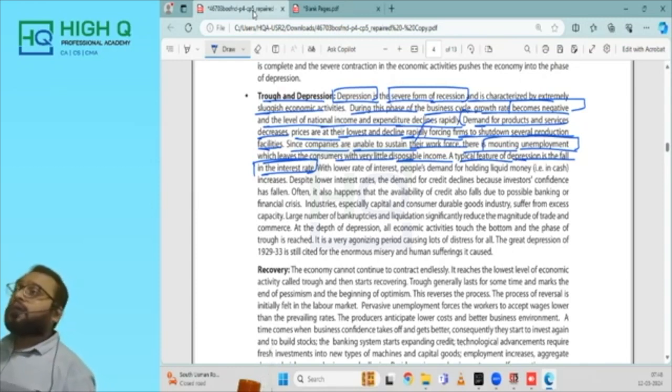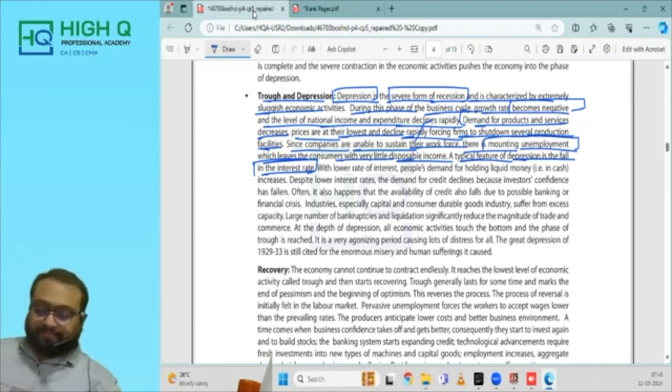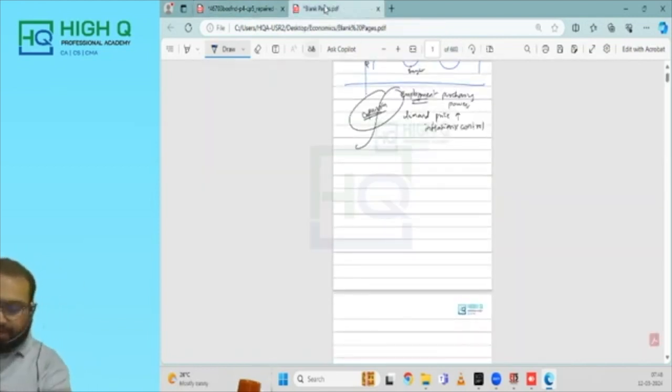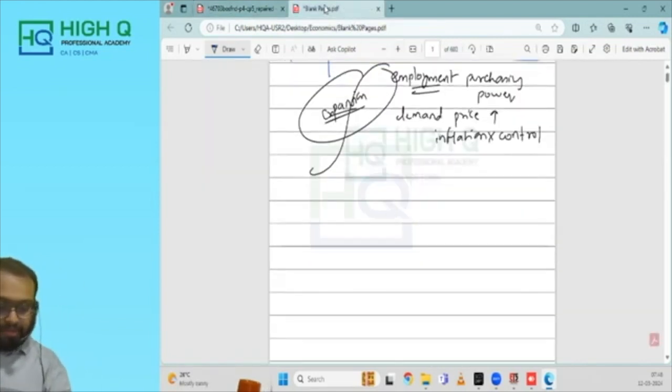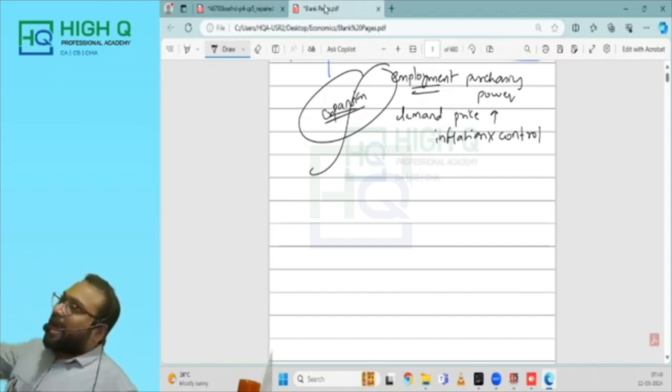Why? There is nobody to take loan. Why is there nobody to take loan? See, tell me one thing. If people don't have money, will they put into bank? They won't put into the bank. If bank doesn't get money, how will it lend?